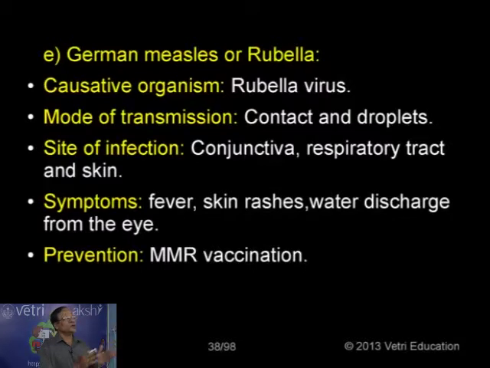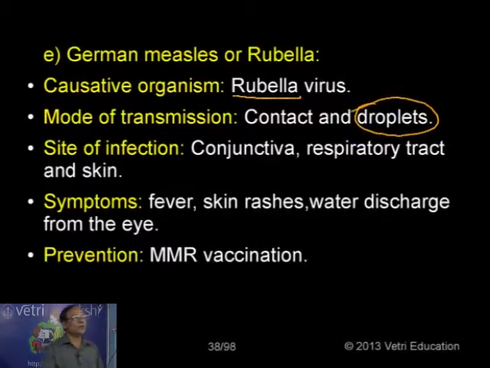And also the causative organism. The rubella, the German measles, is caused by the virus called the rubella virus. And it is transmitted as well. Almost all respiratory disorders normally follow one method of transmission, called droplet infection.